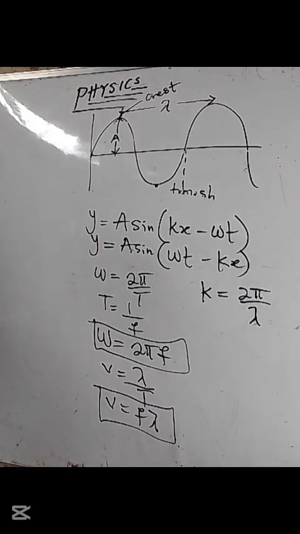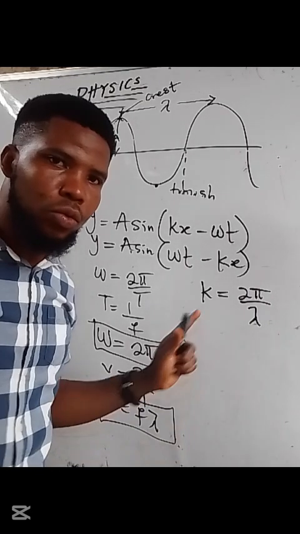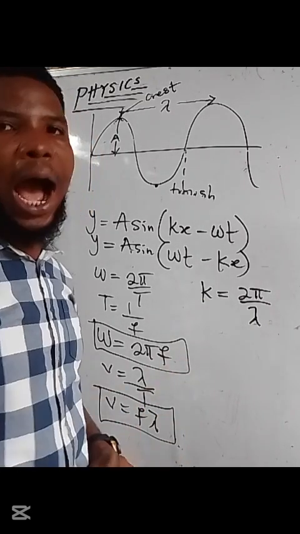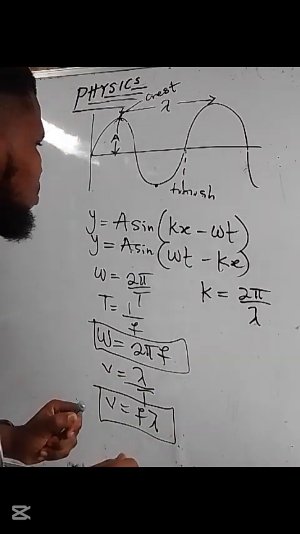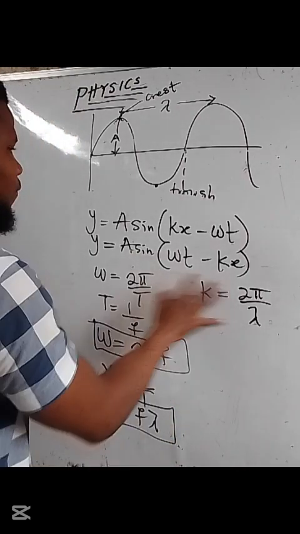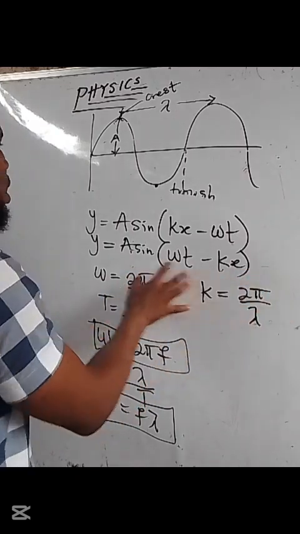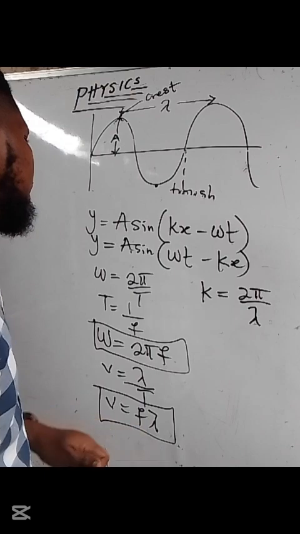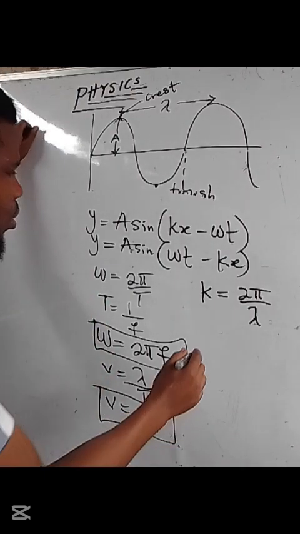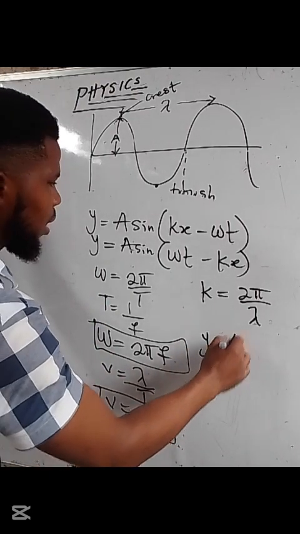Okay, our k is 2 pi over lambda, that is our wave number. So now, when we factor all this into this equation, you will discover that everything will look kind of like this.